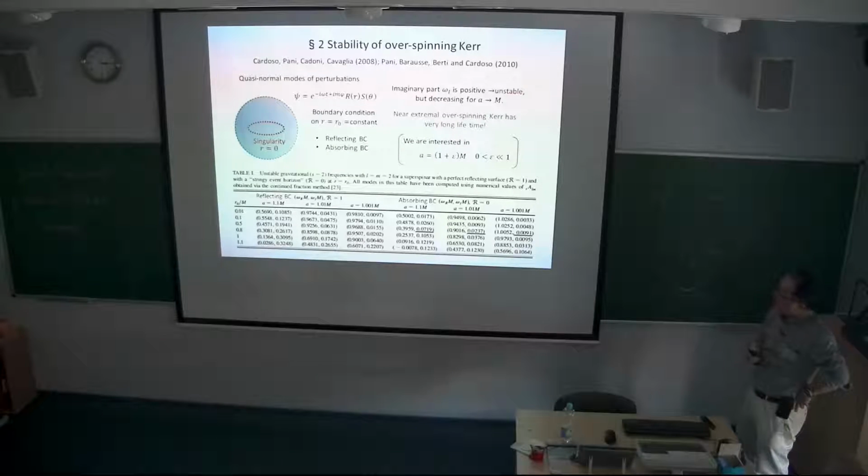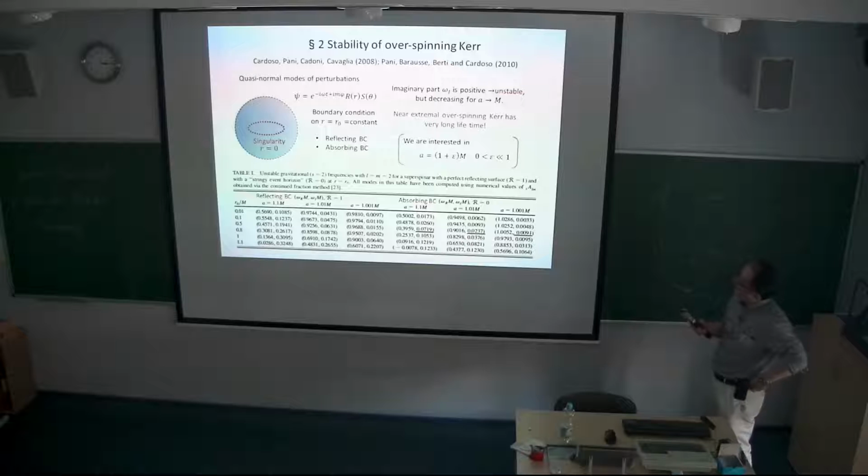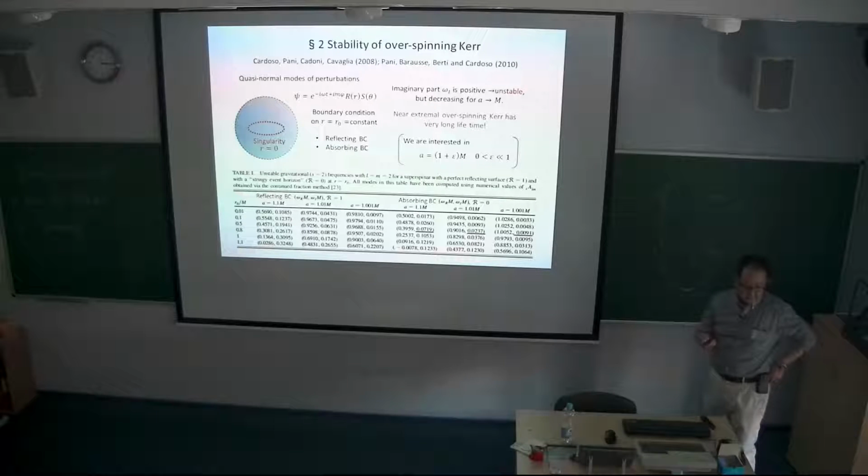Omega can go to zero as epsilon gets smaller and smaller. It means that in that case you can have an overspinning geometry with arbitrarily large lifetime.